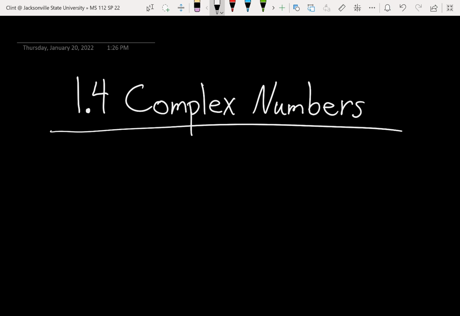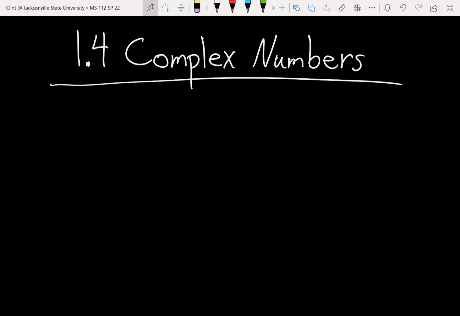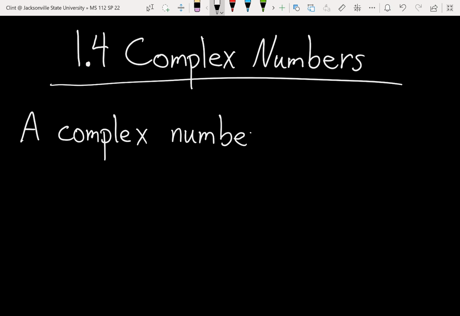So let's talk about what a complex number is. A complex number is a number of a certain form, a certain way we can write it.